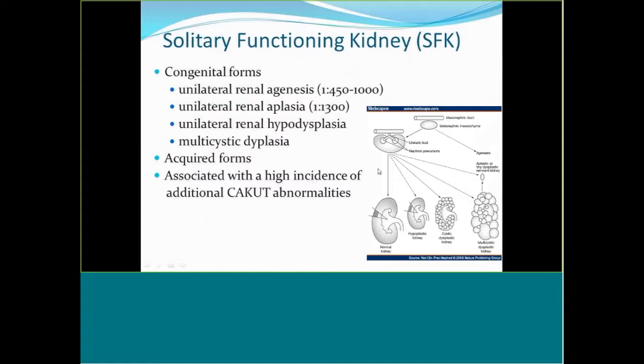So touching on here the issue of the solitary functioning kidney, I'm using this figure that I took from this paper in Nature Clinical Practice Nephrology that I think nicely illustrates the different issues here. So from the very first slide that I showed you, where we talked about the mesonephric duct, which is where the ureter and collecting system develop from, and you have the metanephric mesenchyme. These are the two pieces that you need. And in this diagram, solid lines mean that's normal development, and the dotted lines are abnormal development.